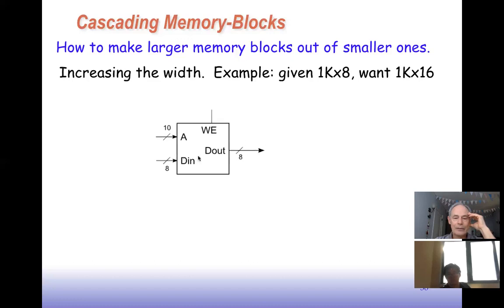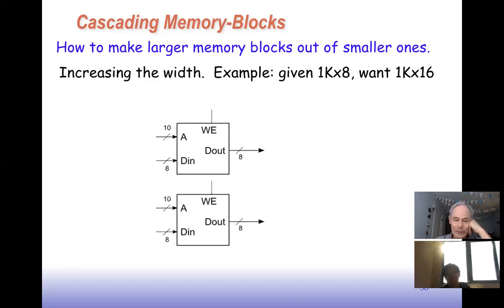So this is 8 bits because it's data in. We said it's a by 8 memory, and then the output is 8 bits because it's a by 8 memory, right? So we could either read or write this. If we wanted to use this as a building block to make a 16-bit wide memory, we can do that by using 2 of these in parallel. It's a pretty simple concept.